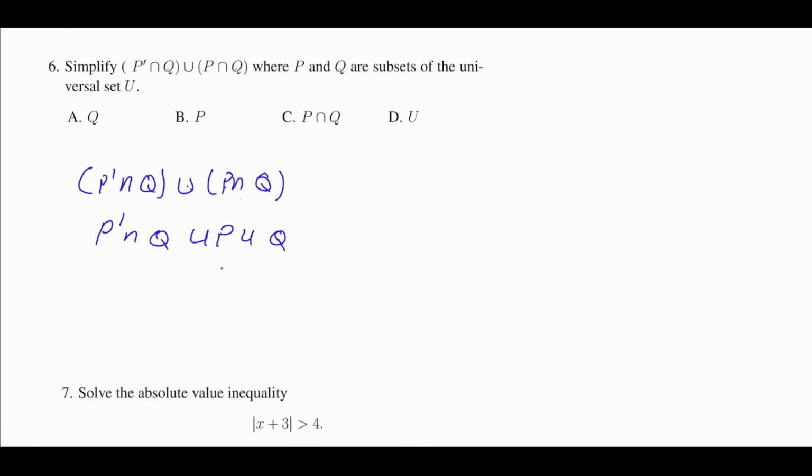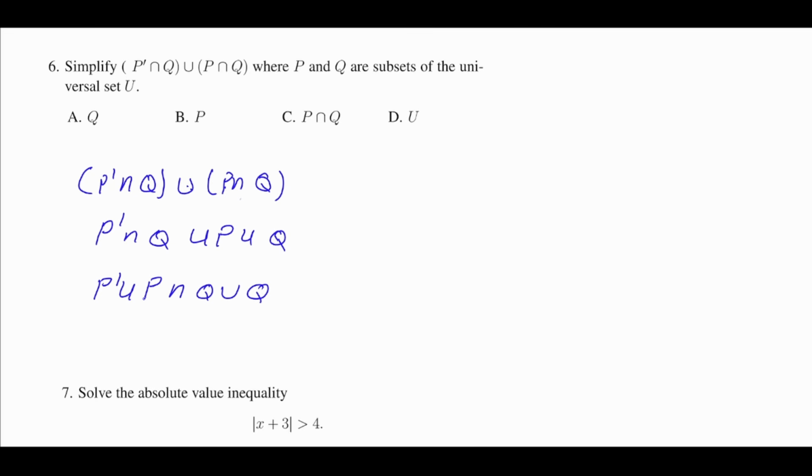Now we rearrange whatever we have here. Then when we are rearranging, we have P prime union P, right? And then we have intersection Q union Q. Now we can solve that.